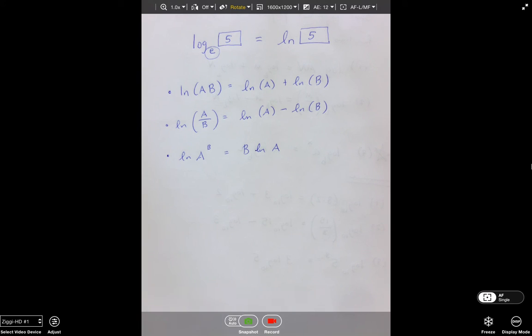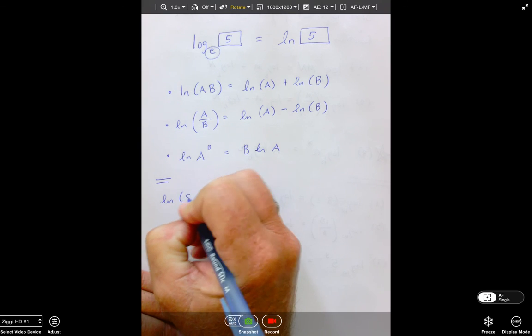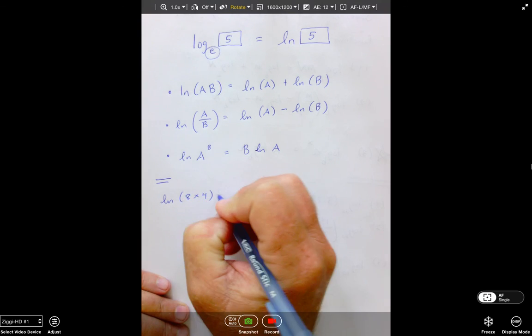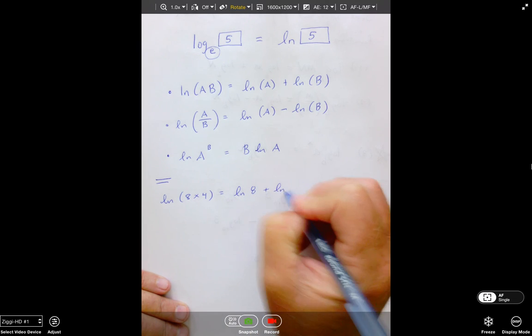So an example, the natural log of 8 times 4 should be equal to the natural log of 8 plus the natural log of 4.